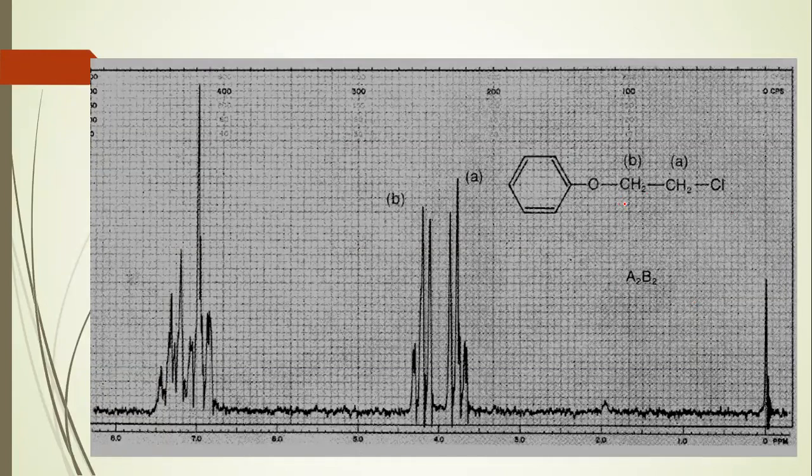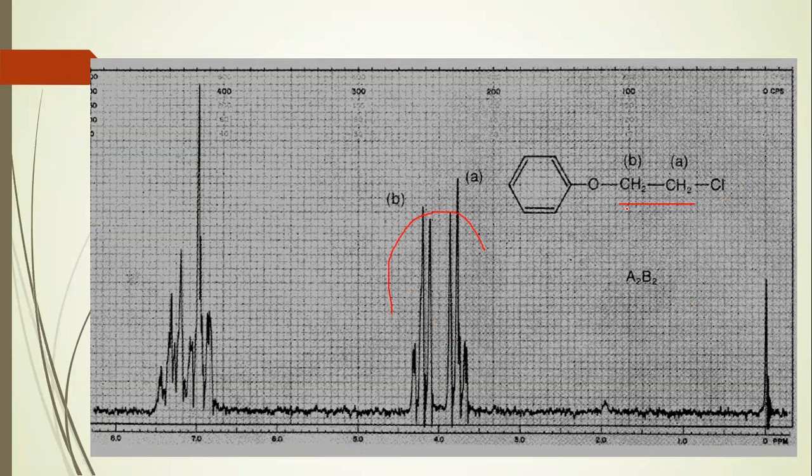Now look at these two methylene groups, two sets of protons, but one of the methylene groups is attached to oxygen, a more electronegative element, while the other methylene is attached to chlorine, which is comparatively less electronegative. So look at the signals of these A and B protons, how they appear.